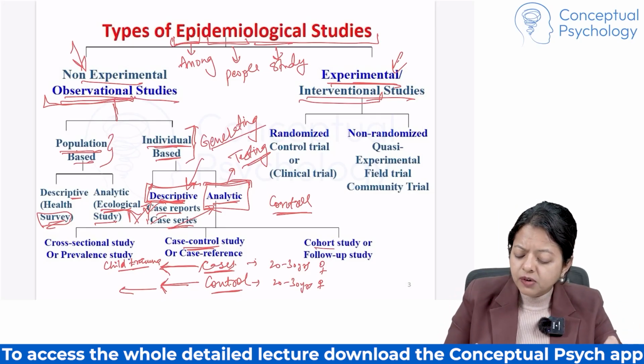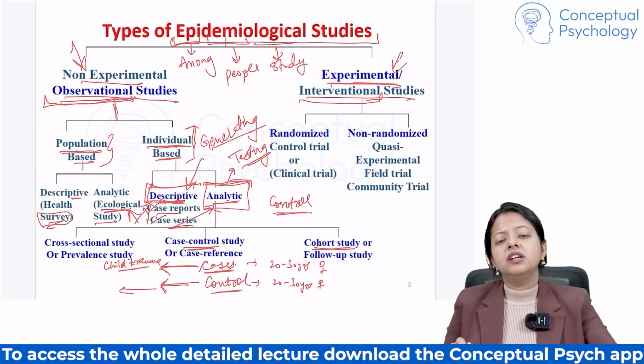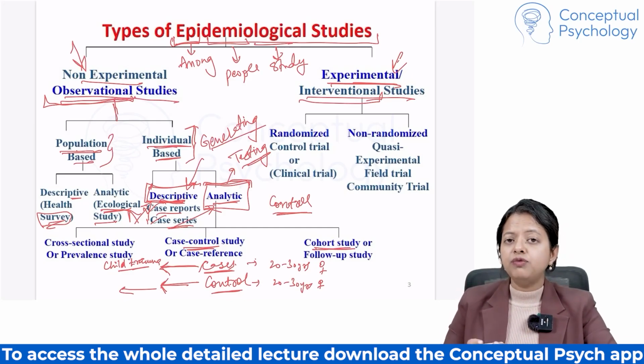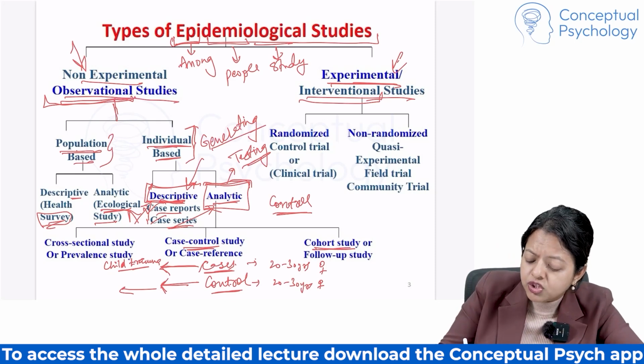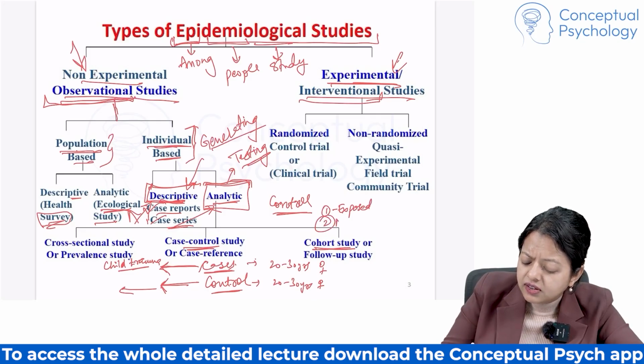Then the third type of study is the cohort study. This is a longitudinal type of study where we follow up. We start with exposure. Two groups, one is exposed to the risk factor or the factor under study, and the other is not exposed.